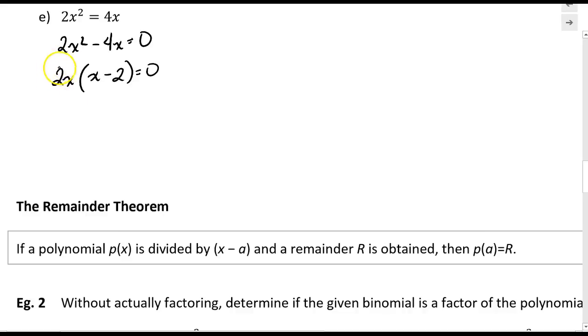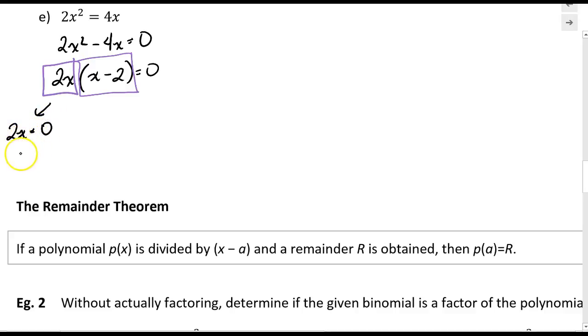So we do still have two pieces here. They just look a little bit different than in the previous examples where we had two binomial factors. Here we have a monomial of 2x and a binomial. The same rules still apply. We are still going to use that either a equals 0 or b equals 0 principle. But this time we've got a monomial of 2x that we set equal to 0.